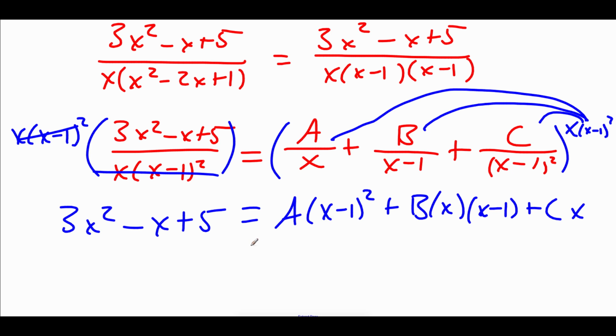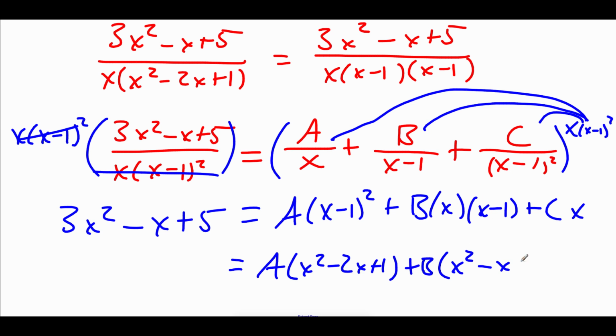I'm going to work on cleaning up the right-hand side because it's looking a little messy right now. This x minus 1 squared, remember we got that from x squared minus 2x plus 1. So really this is saying a times x squared minus 2x plus 1, plus we've got this b times, I'm going to take this x and distribute it through our set of parentheses here. So we've got x squared minus x, and then we've got plus cx.